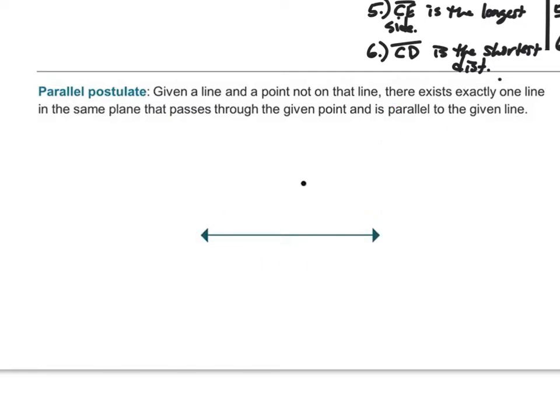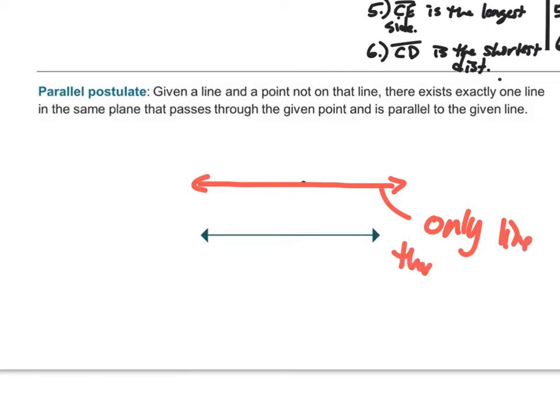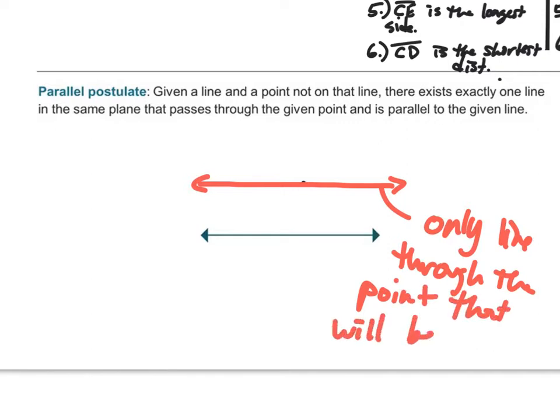So there's only one line through that point that will be parallel. That's all I got for this.